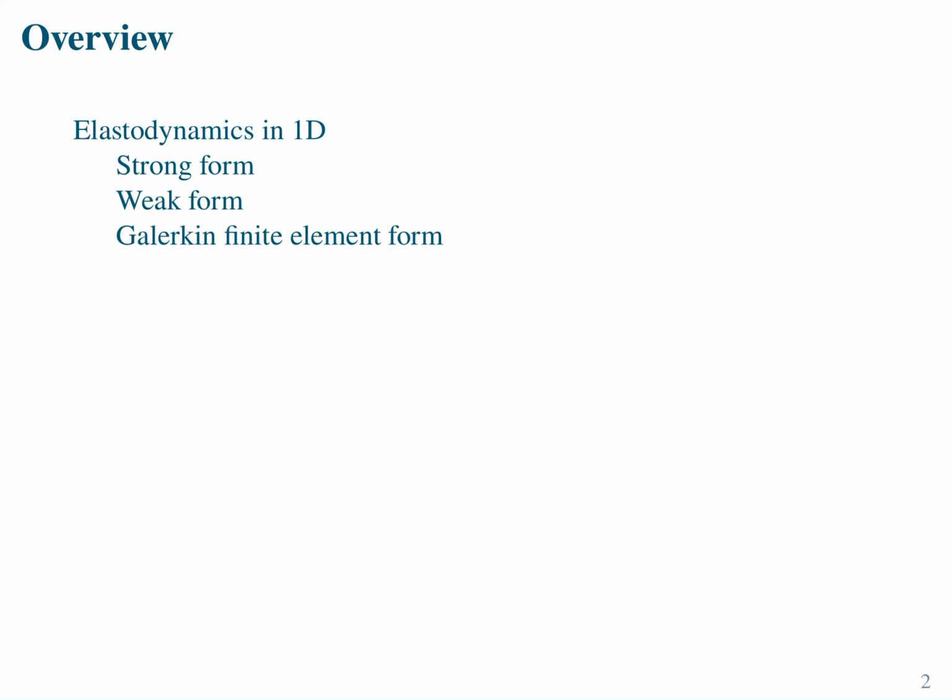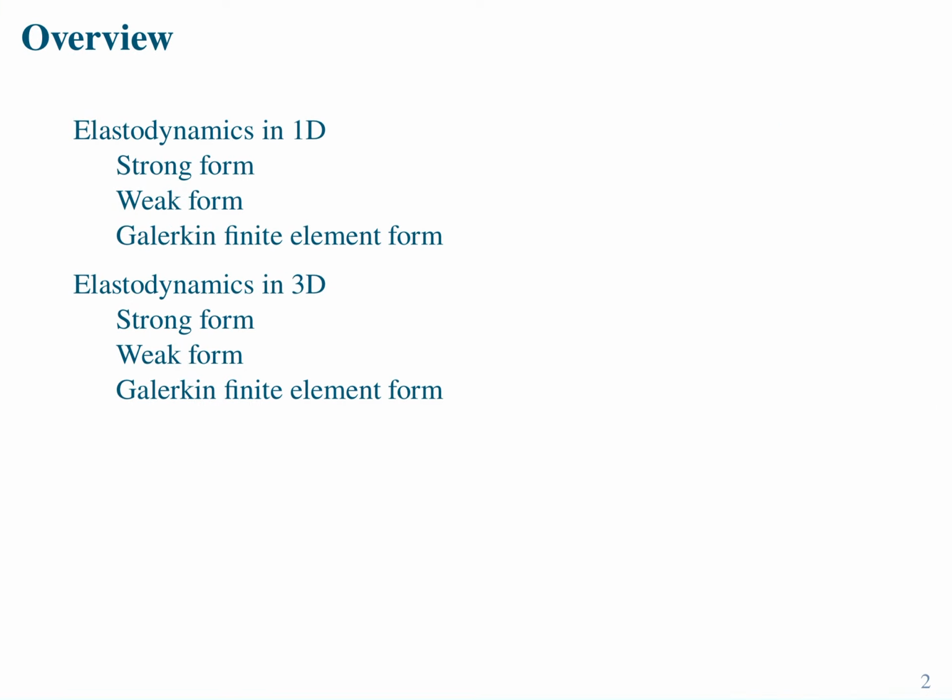But in the beginning, we start with elastodynamics in 1D so that you know exactly where everything starts. From the very beginning, we're going to start with a bar in 1D, which is the simplest case in mechanics. Then we're going to extend that to 3D, and you will see that many of the things that we do in 1D translate very nicely to 3 dimensions. With a couple of subtleties here and there, pretty much everything remains the same.